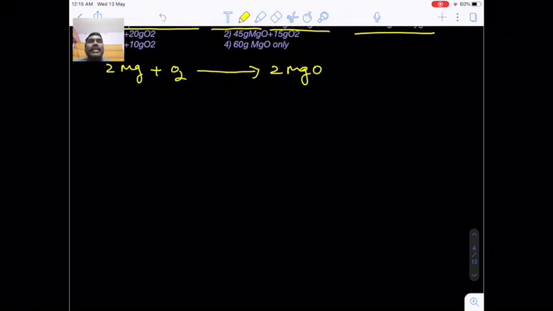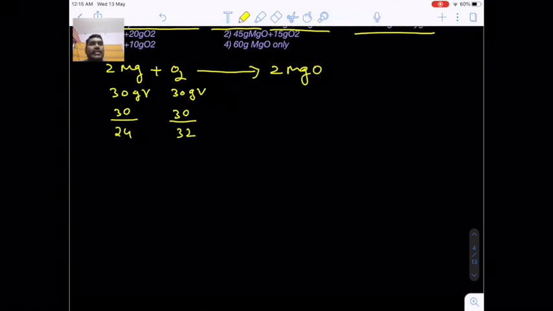Okay. Now here how many grams of magnesium are given? 30 grams. And also oxygen, 30 grams. Okay. Now come to 30 by the molar mass of magnesium, which is 24. Now here 30 by the molar mass of oxygen, which is 32.